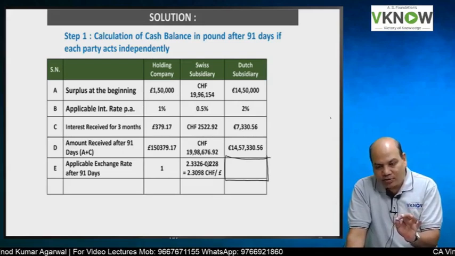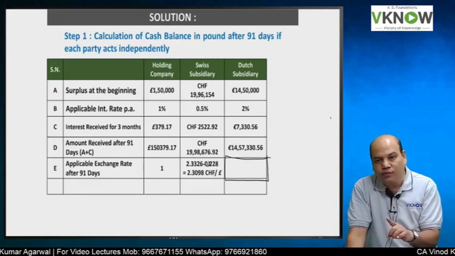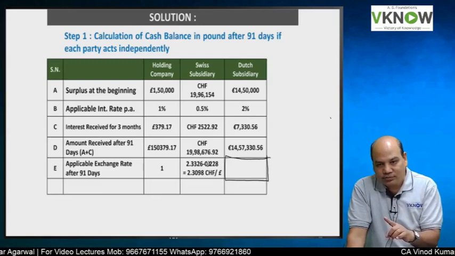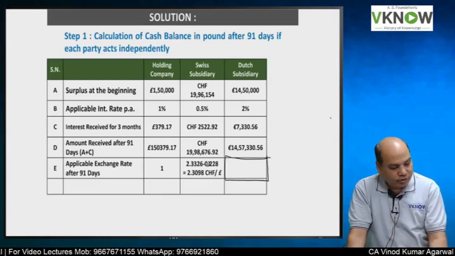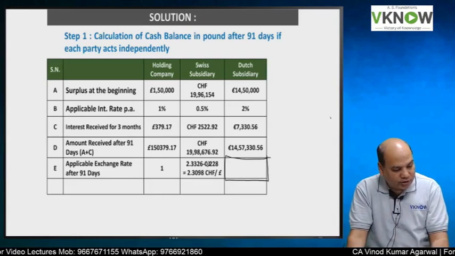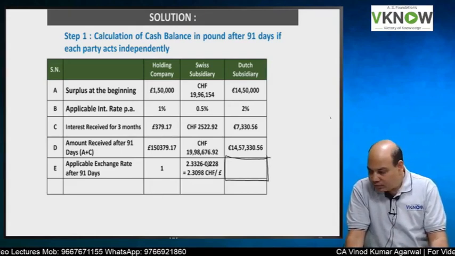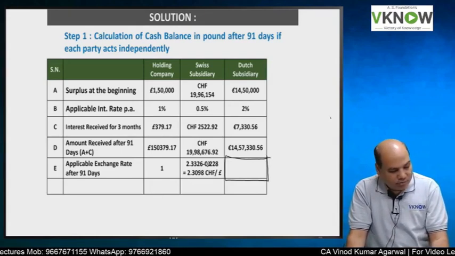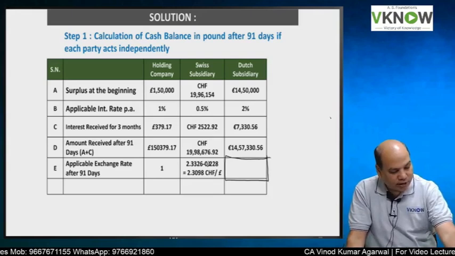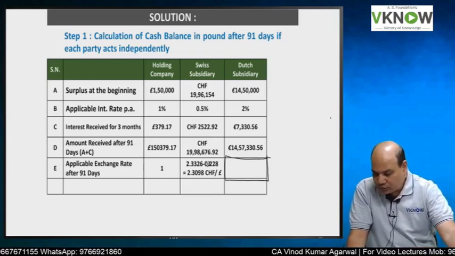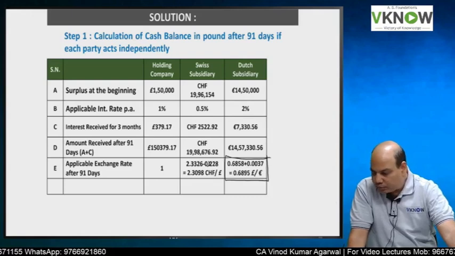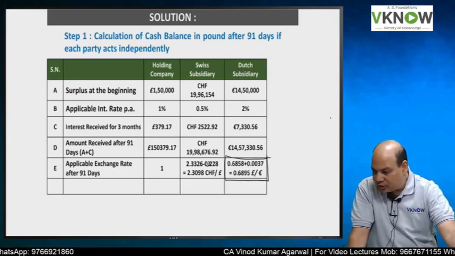Am I right? The bank is purchasing euro from the customer, so the bank will purchase euro at a lower rate. That is your 0.6858 plus the premium for the buying rate, 0.0037. So the answer would be 0.6895. Rishabh is right. Very good.